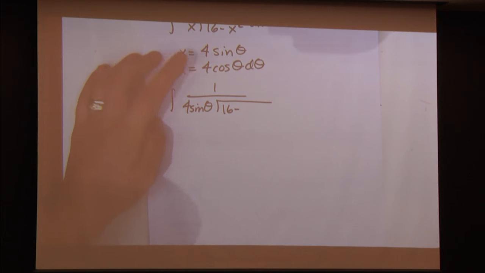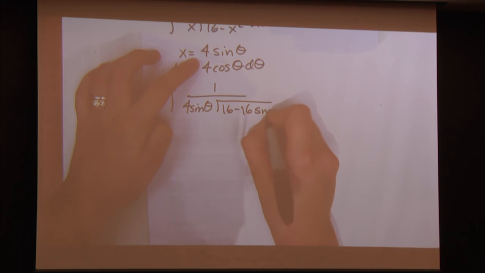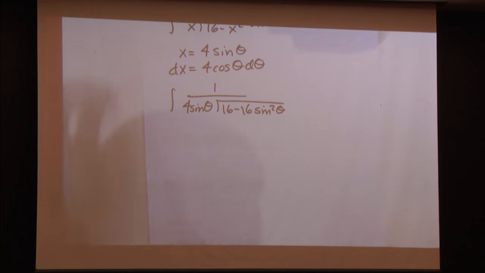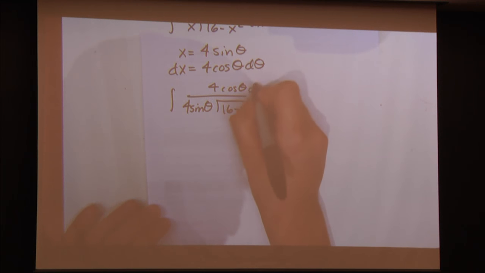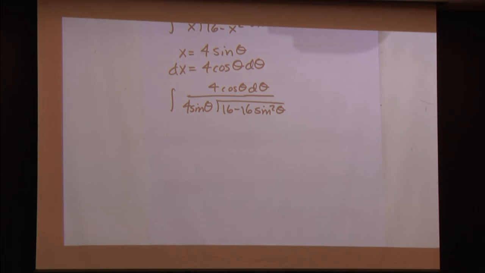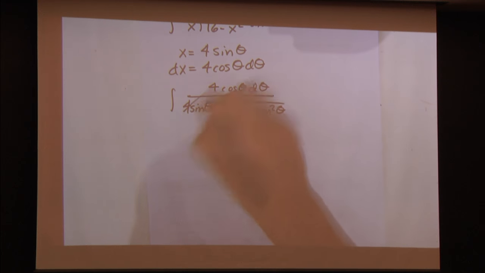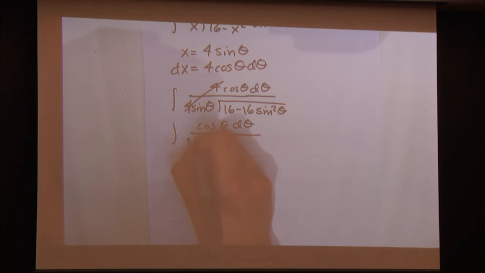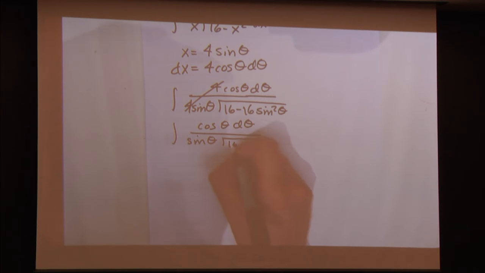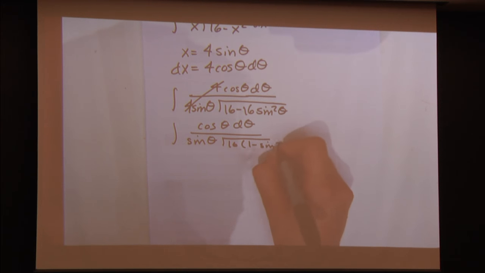So we have the square root of 16 minus 16 sine squared theta. And then I have to replace dx with 4 cosine theta d theta. Okay, my 4's cancel. And then I have a 4 pop out. I'm not going to skip that many steps, but it happens. Cosine theta d theta over sine theta times 4 times the square root of 1 minus sine squared theta.